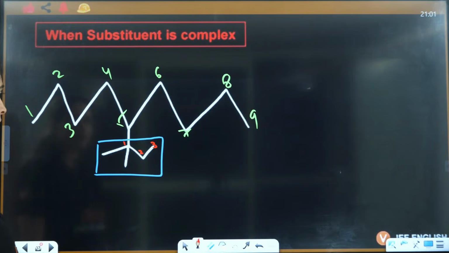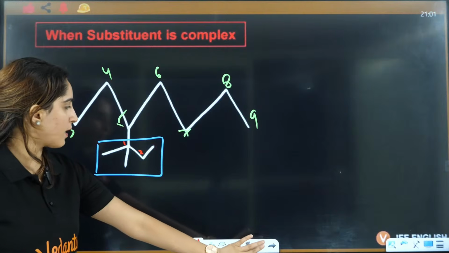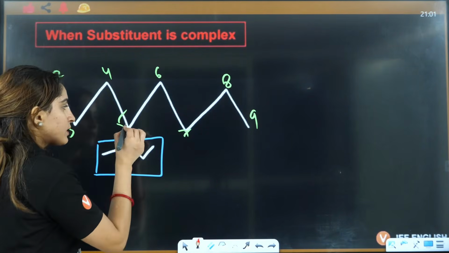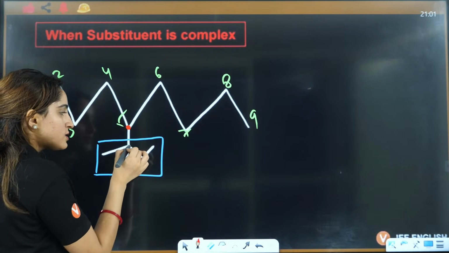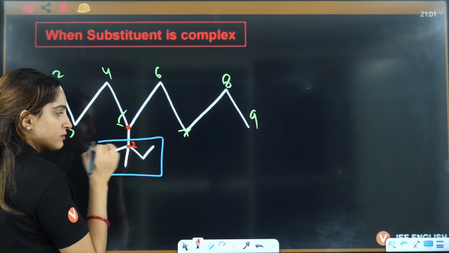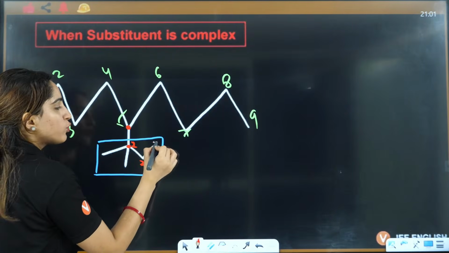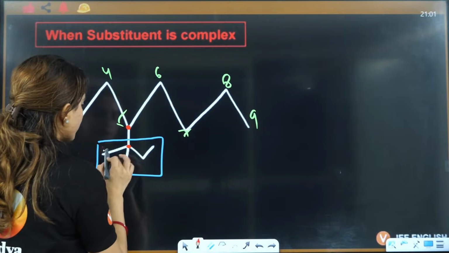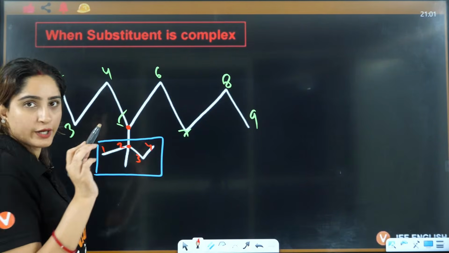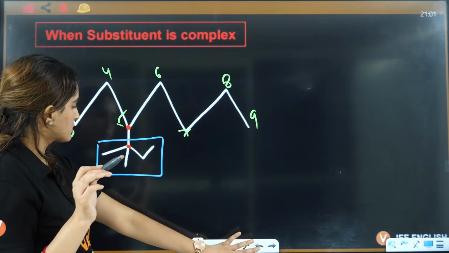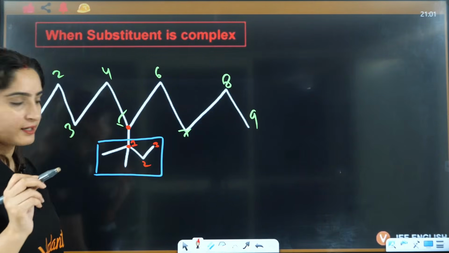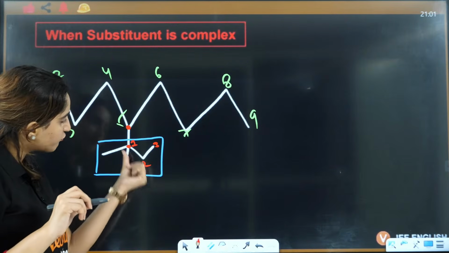Remember one thing: when you are doing complex substituent naming, the carbon that is connected to the main chain will always have number 1. Then you will have 2 or 3. You can't number it like 1, 2, 3, 4 from the other end. You will always choose the connecting carbon as number 1, then 2, 3.